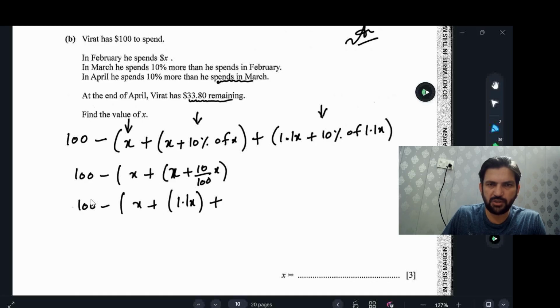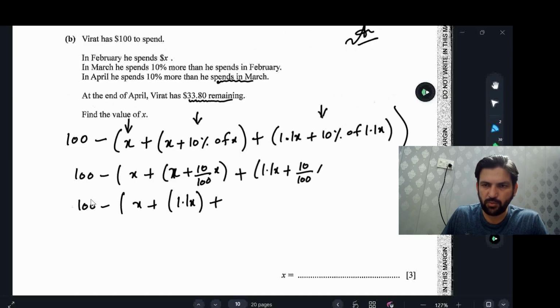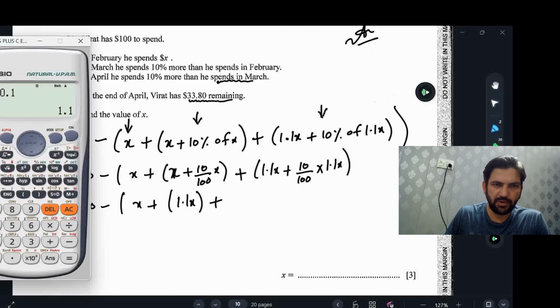February, March and April. Okay, fine. Now if we simplify it, this should be equal to 1.1x plus 10% of this, which means 1.1x plus 10 by 100 multiplied by 1.1x. So if we simplify it, this should be equal to the fraction 10 divided by 100 multiplied by 1.1.